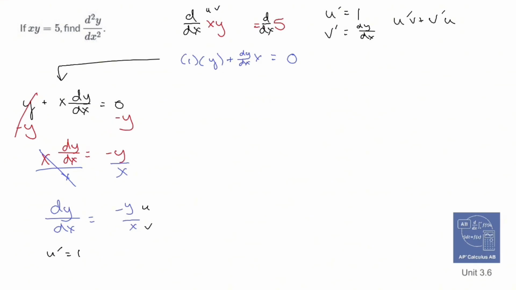So negative 1, because that does change things slightly. v prime is going to be 1, and v squared is going to be x squared. So the quotient rule, and let me write that up here, is u prime v minus v prime u all over v squared. So d squared y over dx squared, the second derivative, is going to be, oh, did I forget something?